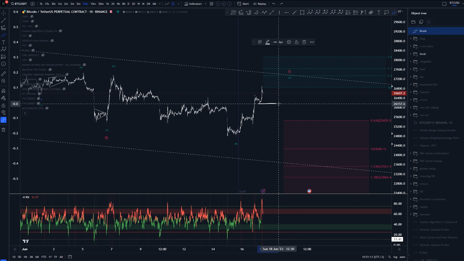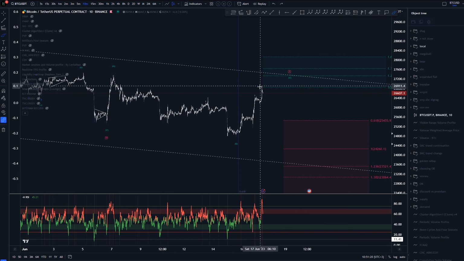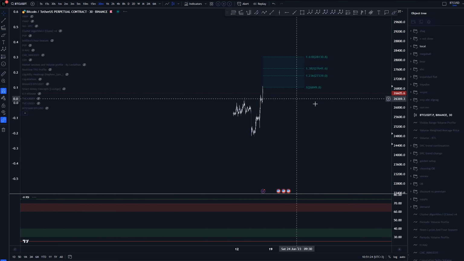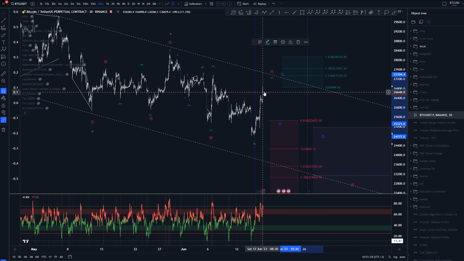If it starts to reject or go below the previous lows here, then we might want to be looking at this again as a potentially completed structure. The first macro or higher time frame target, which was this one-to-one here around 26.85, is already hit.